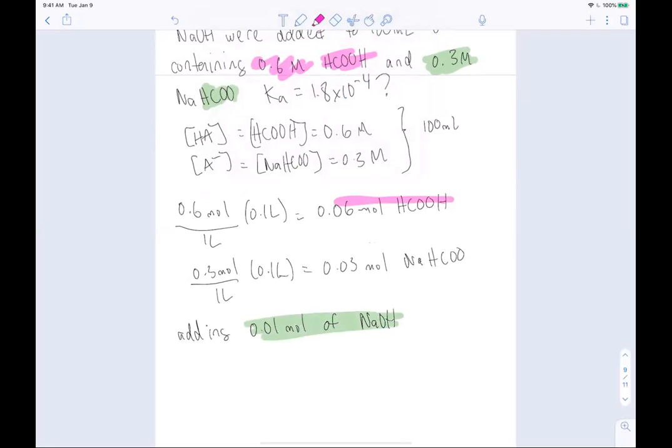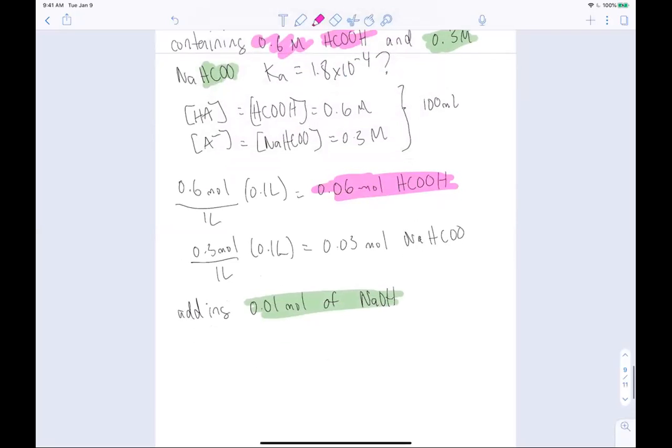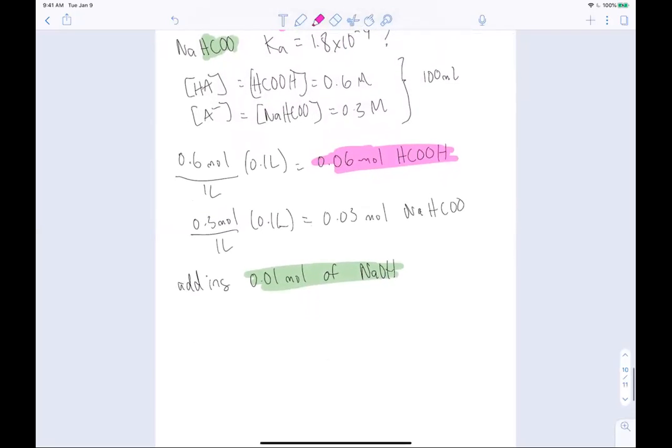So the neutralization reaction is naturally going to happen with whatever the acid is. So if you have a buffer and you're adding base to it, it's going to react with the acid component of the conjugate acid-base pair.